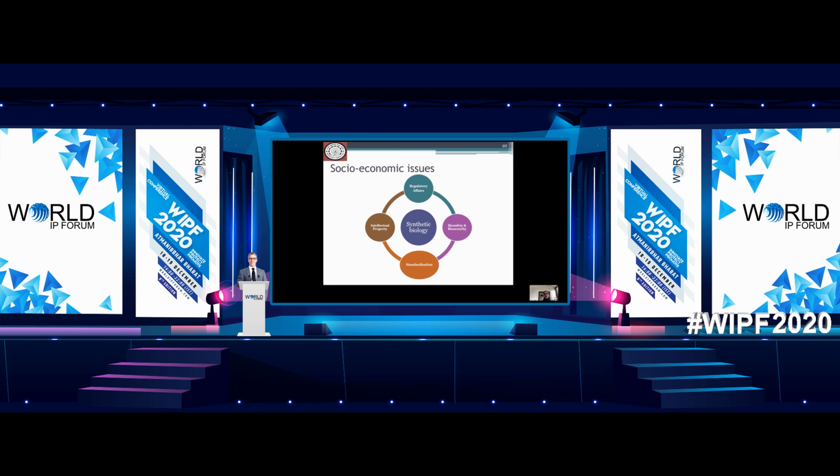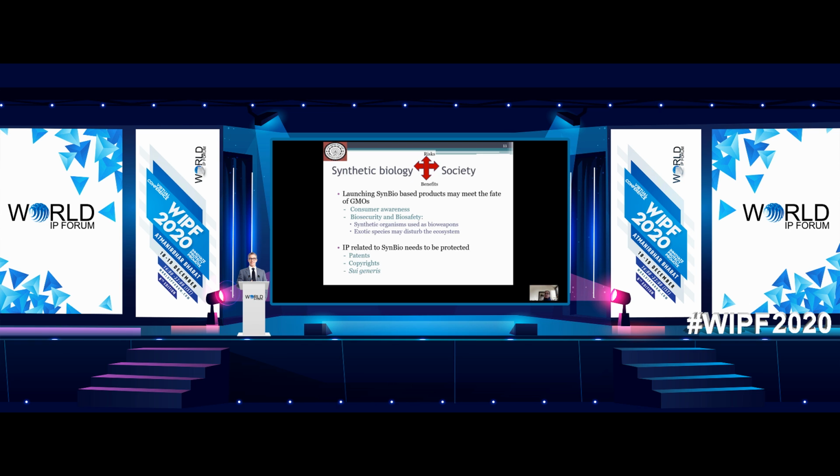There are various socio-economic issues related to synthetic biology, whether it is regulatory affairs or concerns related to biosafety and biosecurity. All of these are going to influence the intellectual property regime at the territorial level. Since synthetic biology is a dual-use technology, it brings risks as well as benefits to society.